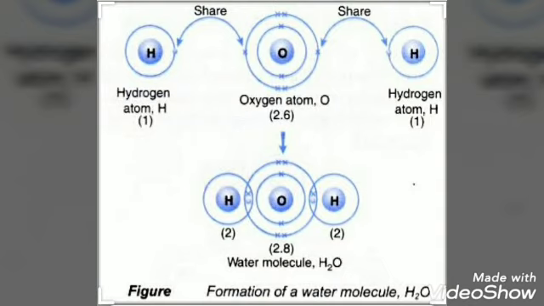The hydrogen atom has only 1 electron in its outermost K shell, so it needs 1 more electron to achieve the stable 2 electron arrangement of inert gas helium, and the oxygen atom has 6 electrons in the outermost shell, so it needs 2 more electrons to complete the stable 8 electron arrangement of inert gas neon. So, one atom of oxygen shares its 2 electrons with 2 hydrogen atoms to form a water molecule.